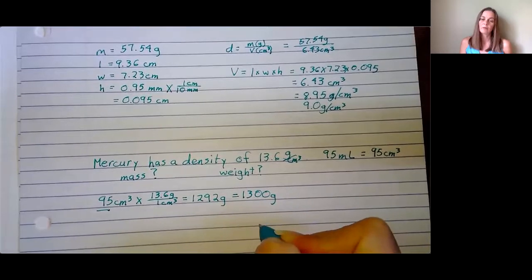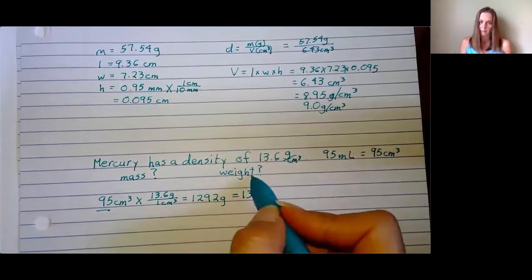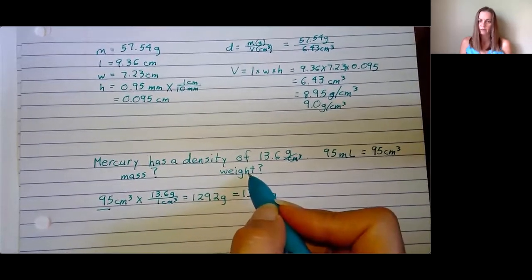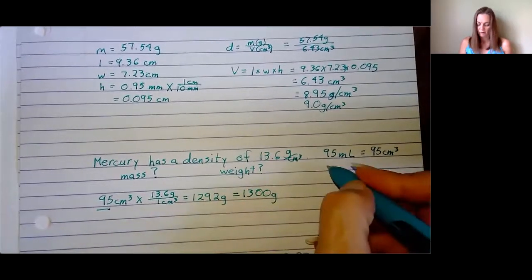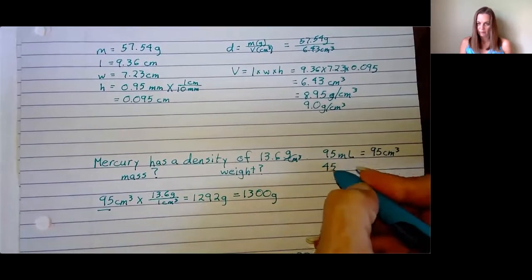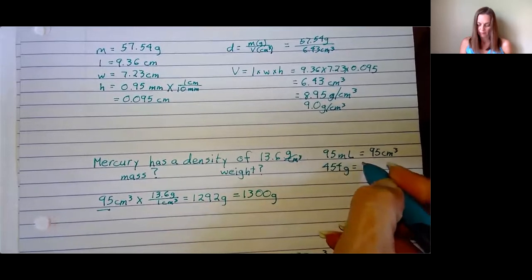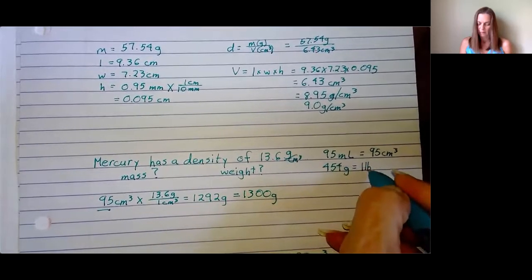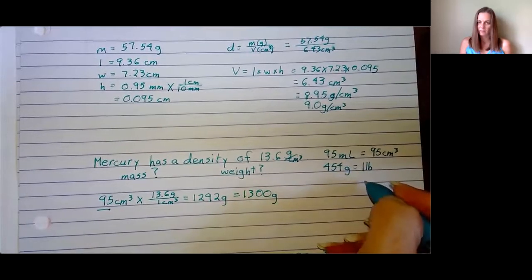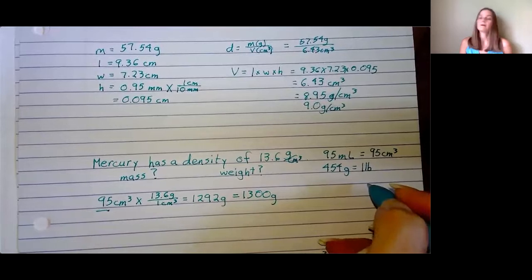Now, if I want to go to weight in pounds, I need to know another conversion factor. So I know that 454 grams is equal to 1 pound. And remember, you're never going to need to know these conversion factors except for 2.54 centimeters equals 1 inch.